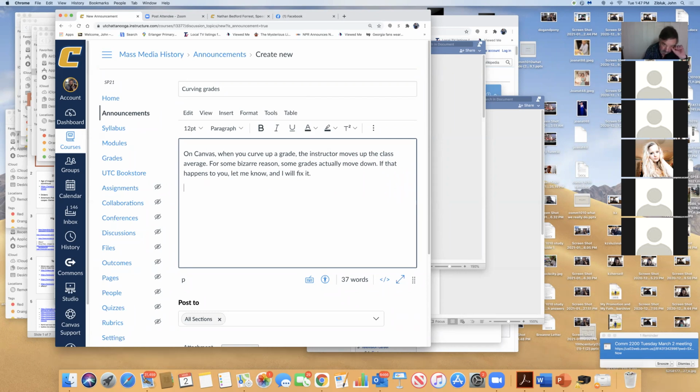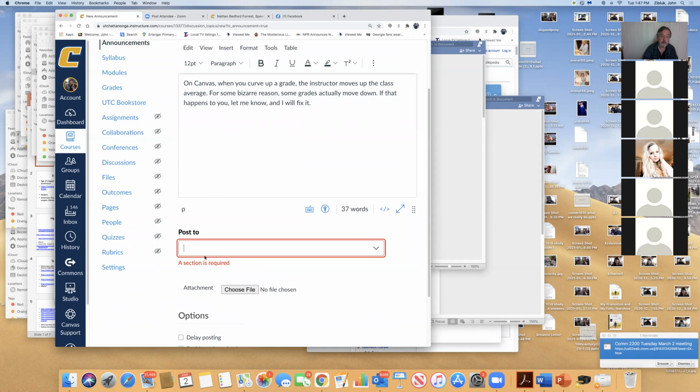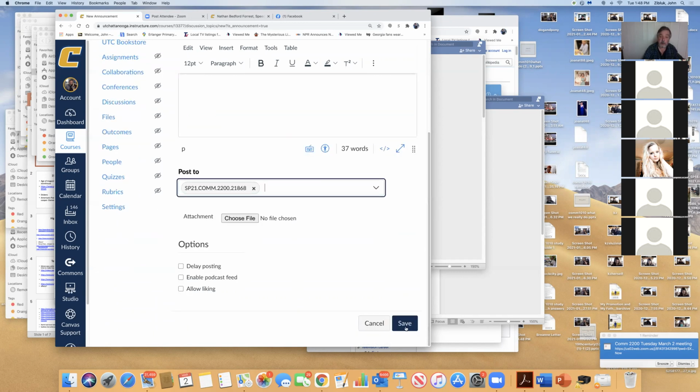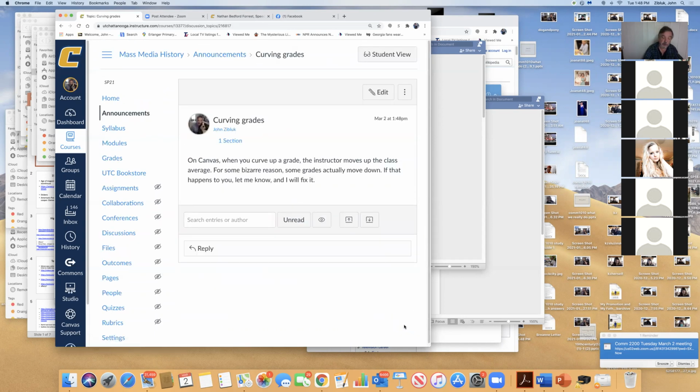So what I do is I move up the class average, which means some grades will move up. I moved up the class average 10 points. That doesn't mean everybody's going to get 10 points. It just means the average for the class moved up 10 points.